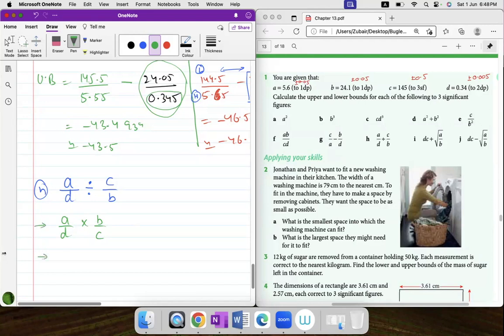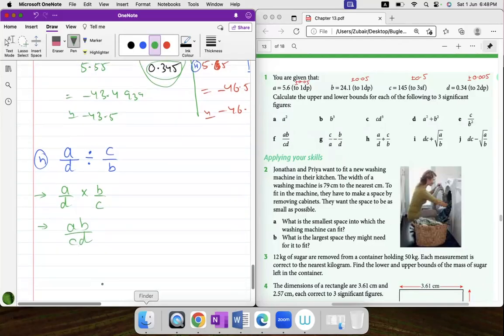Compare it with the F part first. Yes, it is the same lineup. So for the upper bound, A is higher, B is higher, C is lower, D is lower. And for the lower bound, A is lower, B is lower, C is higher, and D is higher. Fine.